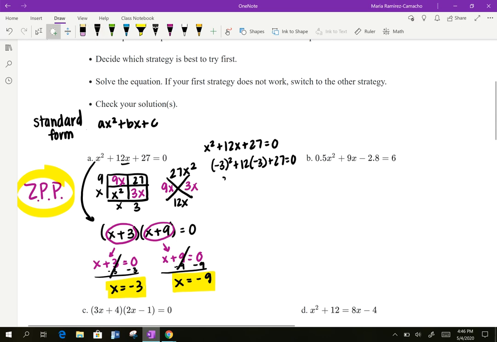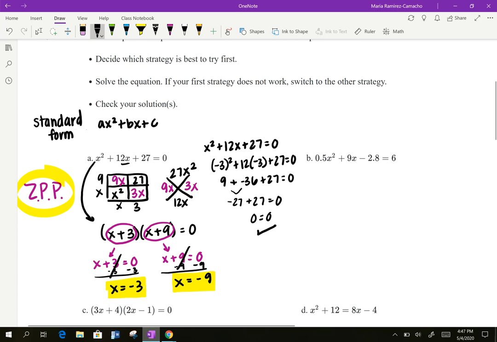Here, -3 squared is 9, plus 12 times -3 is -36, plus 27. 9 plus -36 is -27. And -27 plus 27 is 0. So I have 0 equals 0. That solution works.